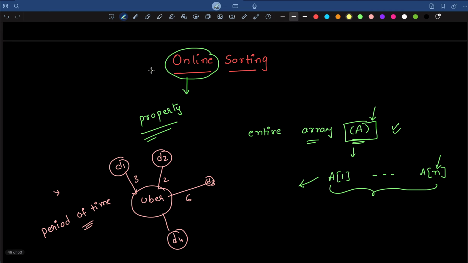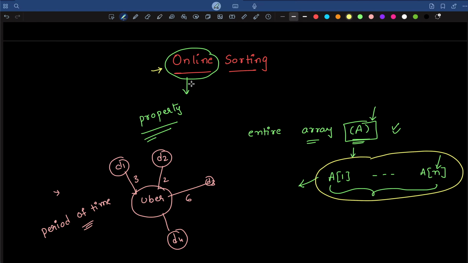I hope you understand this statement. Let me repeat it one more time. If your sorting algorithm can handle data that arrives one element at a time over a period of time without requiring the entire data set upfront at the beginning, this is called an online sorting algorithm.